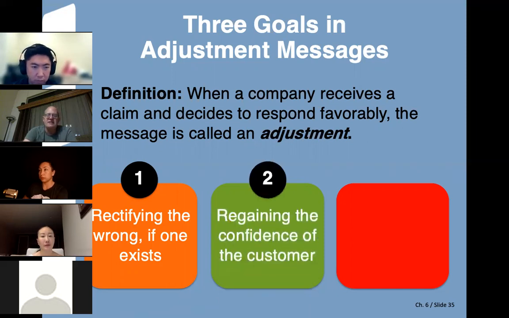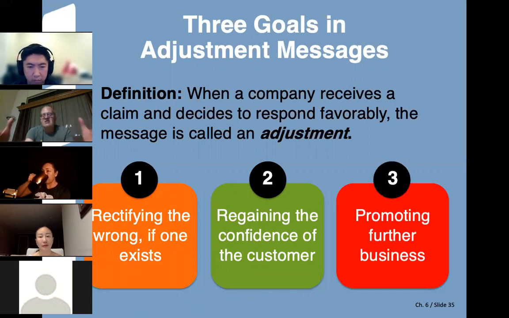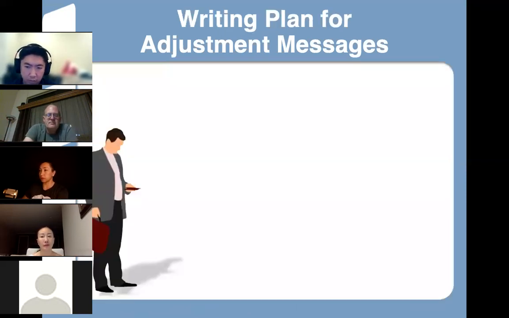The second thing that it does is it builds confidence back with the customer in your ability to service them the way they need to be serviced. And the third thing that it does is it sets the stage for additional business in the future. So we have to write it.